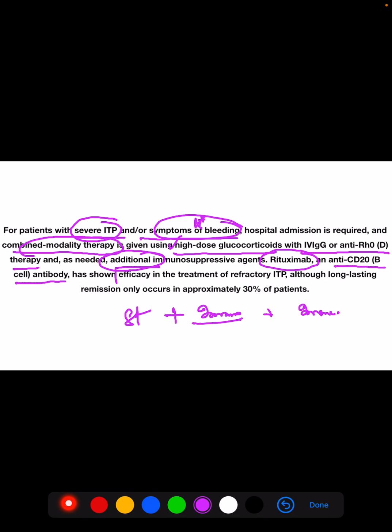This has shown efficacy in the treatment of refractory ITP, although long-lasting remission only occurs in approximately 30% of the patients. So what is rituximab? It is an anti-CD20 B cell antibody.